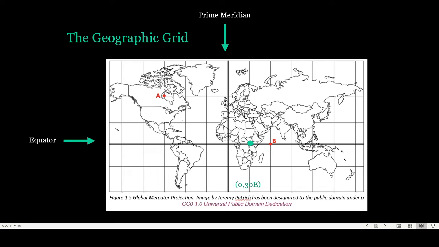Next, we have that it's found on this line of the meridian. So that's 30 degrees, and it's east because it's to the right of the prime meridian. So 30 degrees east. So you guys will be working with finding the coordinates for A and B.